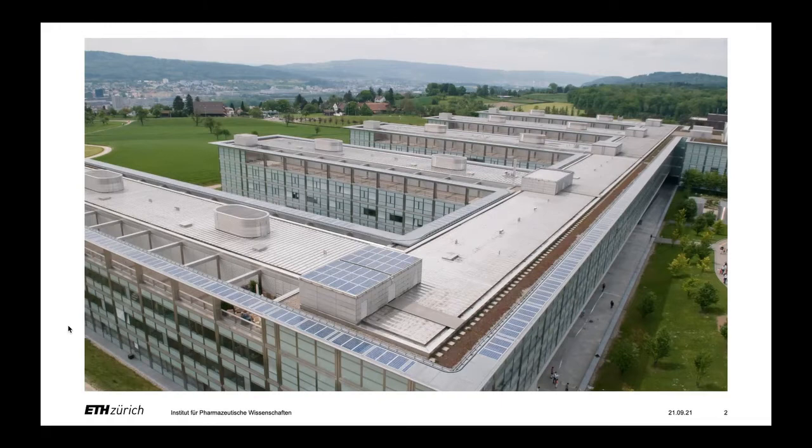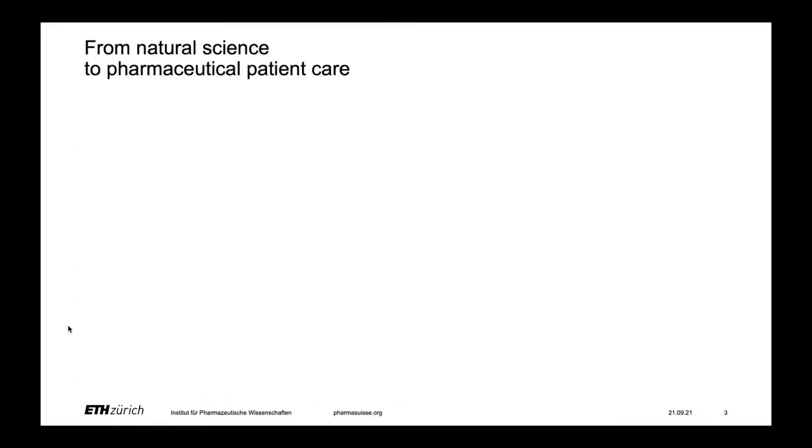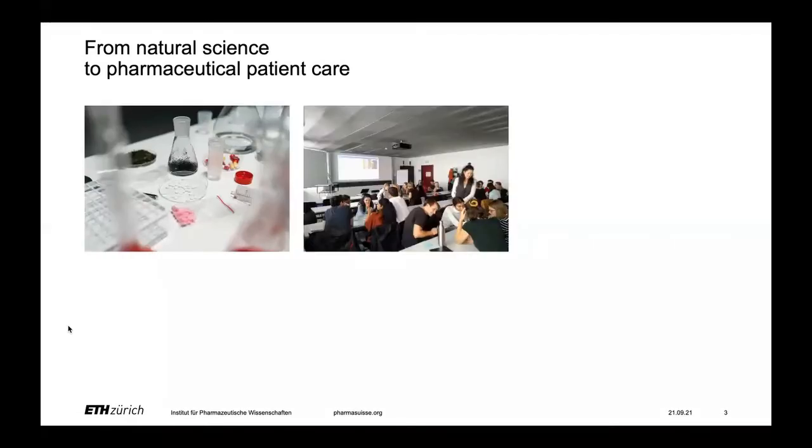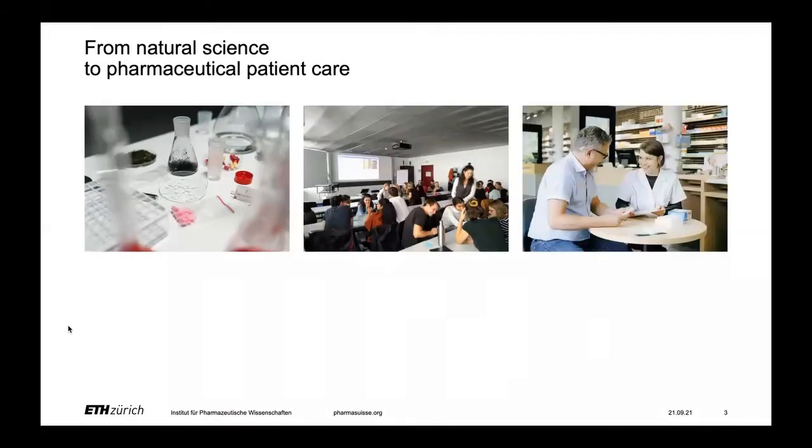This is where I and several of my colleagues come in as practicing teachers. Our task is to let the students transition slowly from scientists to providers of pharmaceutical patient care, a service they can offer to their clients in their pharmacy after completing our studies.